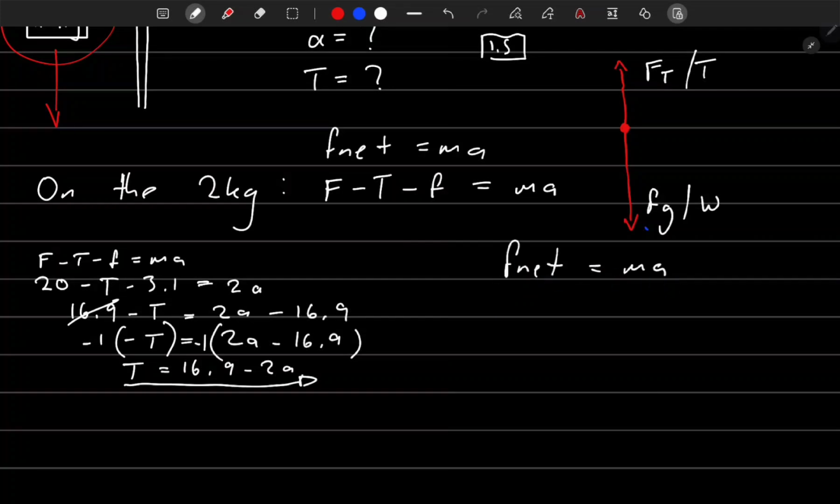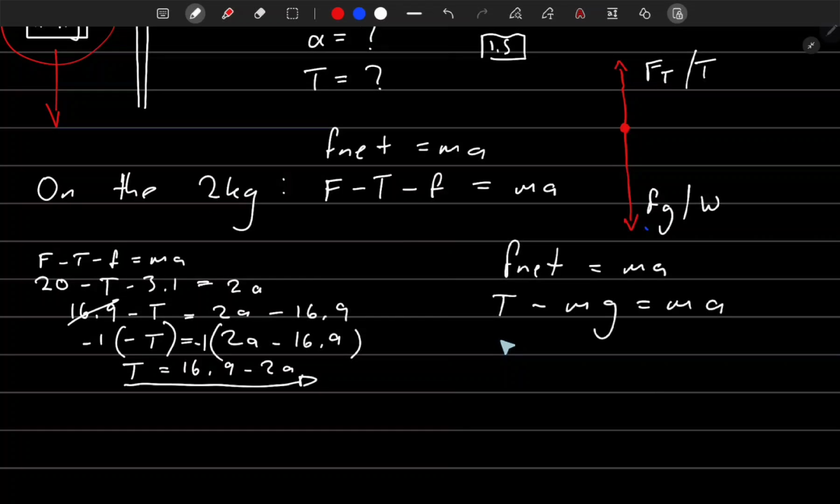Because F net is equal to ma, here we have the sum of all the forces. We have a positive tension, and we are subtracting the weight force. Weight is mass times the gravitational constant, which is 9.8. This is equal to mass times acceleration. Now we substitute in the values that we know.